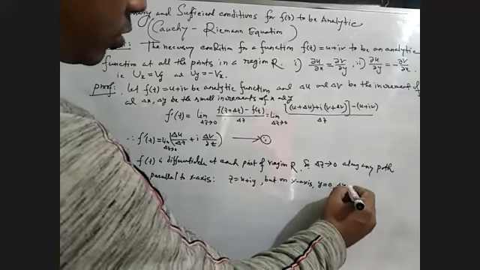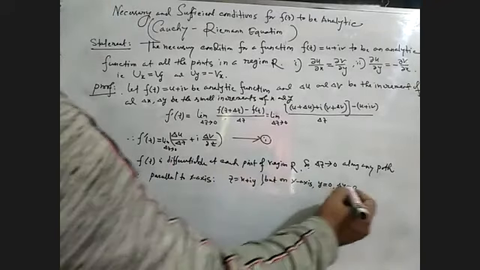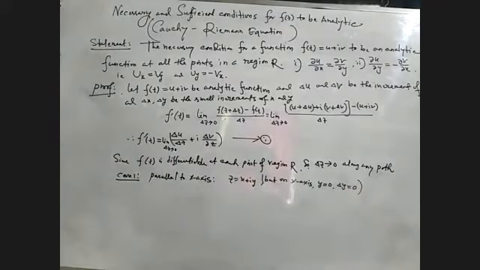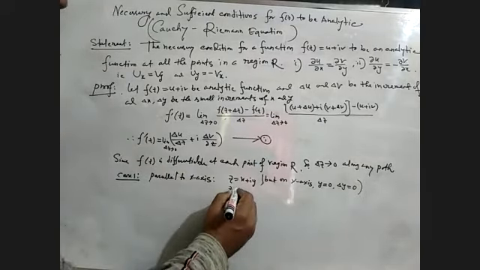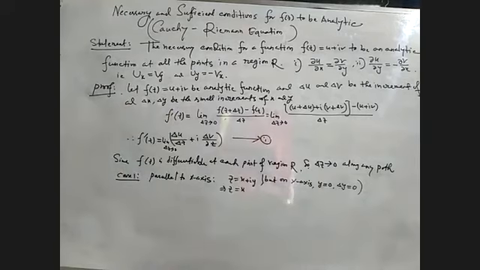Therefore del y equals 0, since y equals 0. And from here, z equals x, since del y equals 0.